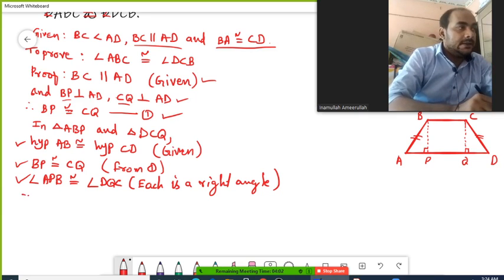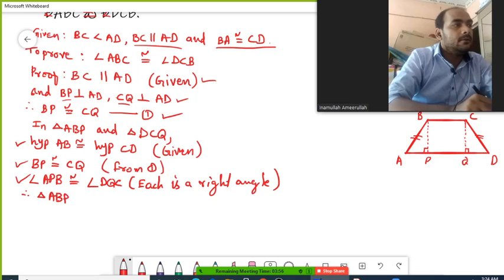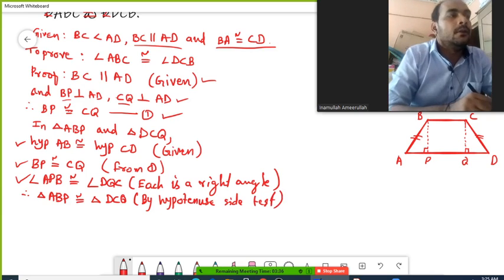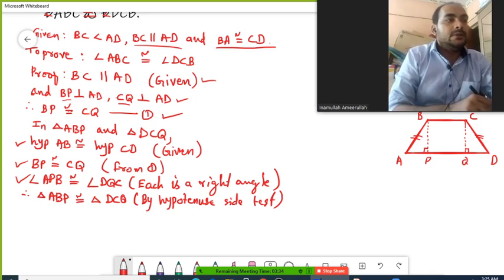Therefore, triangle ABP is congruent with triangle DCQ by the hypotenuse side test.